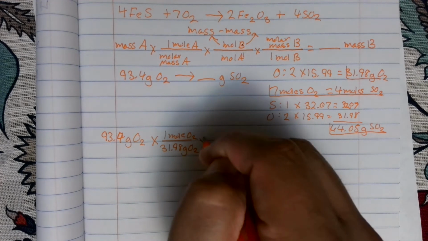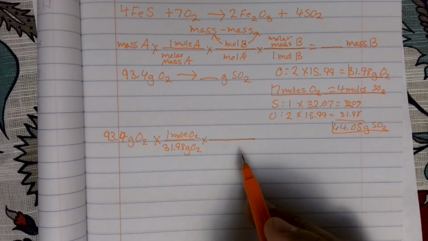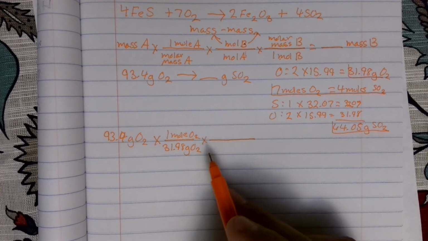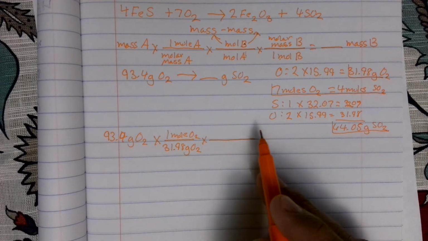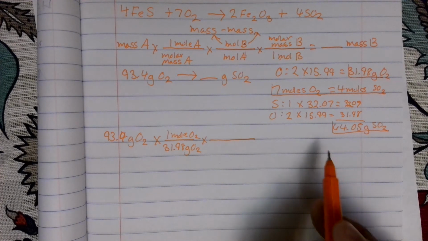Now I'm not going to do it step by step, because when you have a long problem like this, you're going to end up with a lot of rounding. You really don't want to find this answer and then the next one, because by the time you're done, you're going to be rounded out and you might end up totally off from what you're supposed to get.